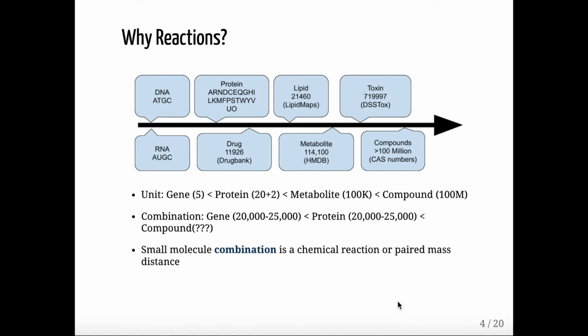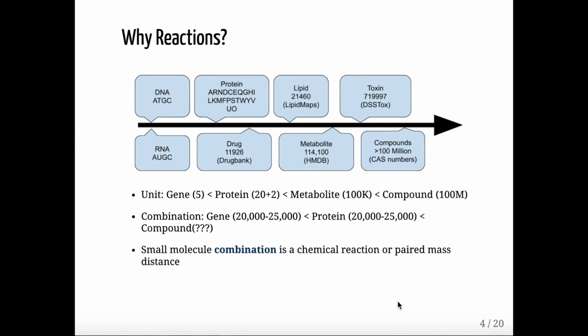Why reactions? Let's go back to see our study from genomics. Genomics is based on only 5 genes, A, T, G, C, U. And then proteomics is only 22 units, as I listed here. Why are they more acceptable for analytical chemists? Because we actually don't need to make identifications of these units.